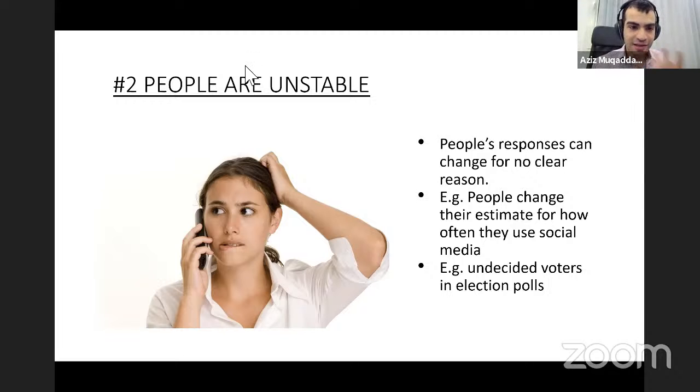Also, people change. Sometimes you might intend to do something. You intend to go on a study abroad during the summer, and something happened and you changed your mind.